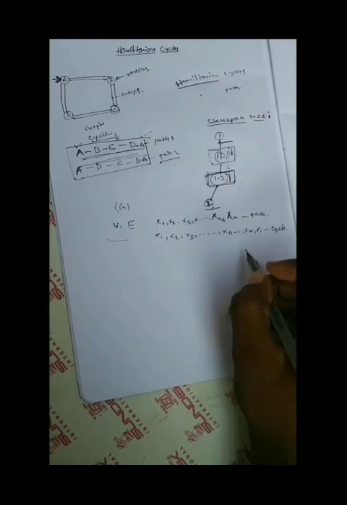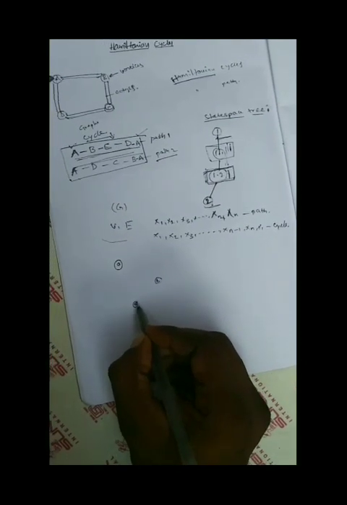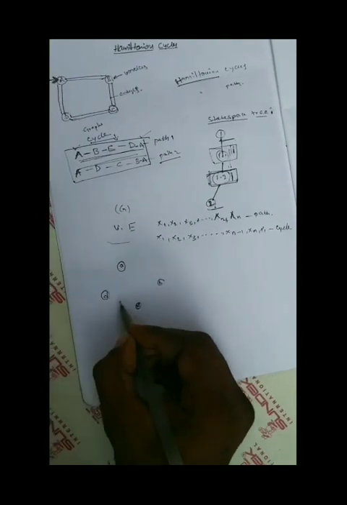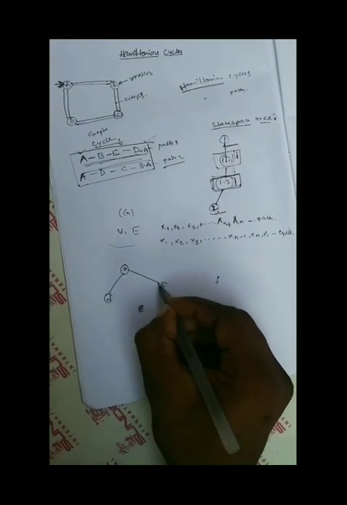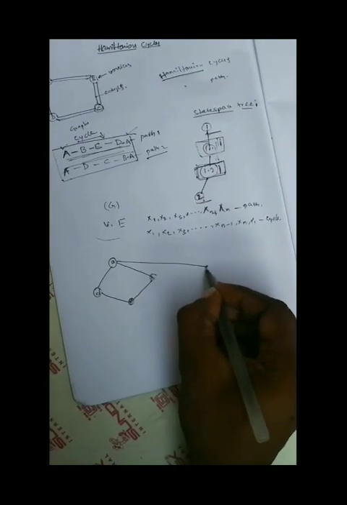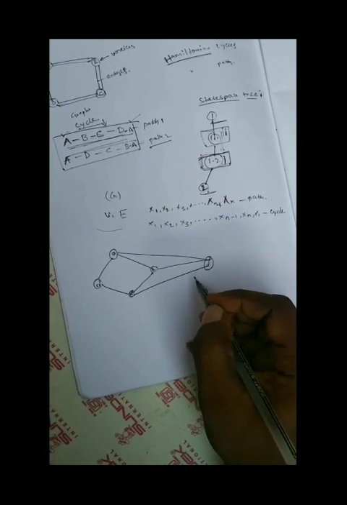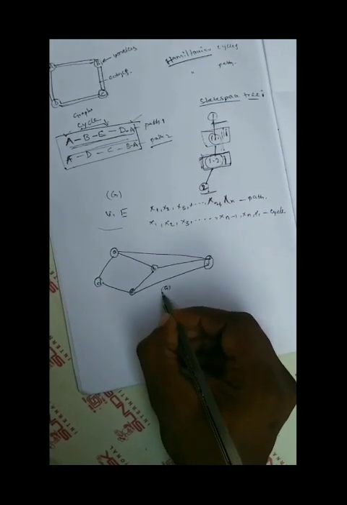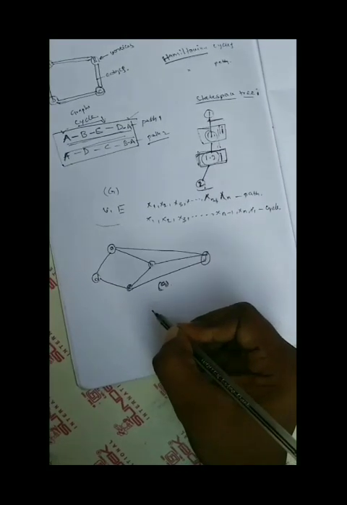Let us take an example graph so we can explain easily. These are the connecting edges, and it is an undirected graph so we can travel in any direction.